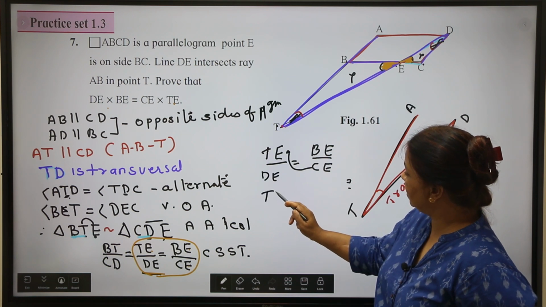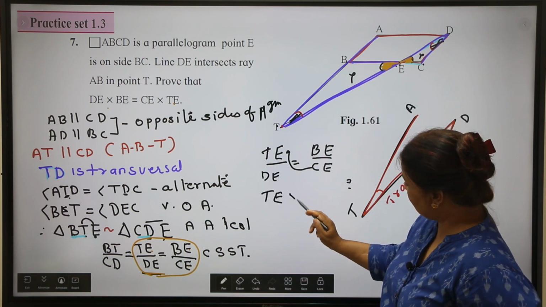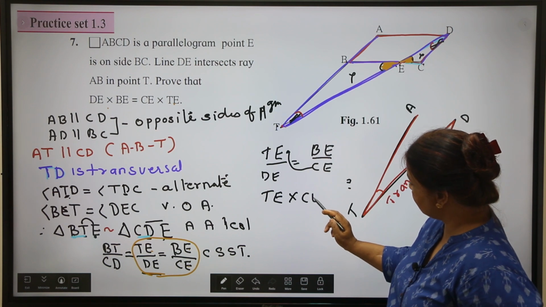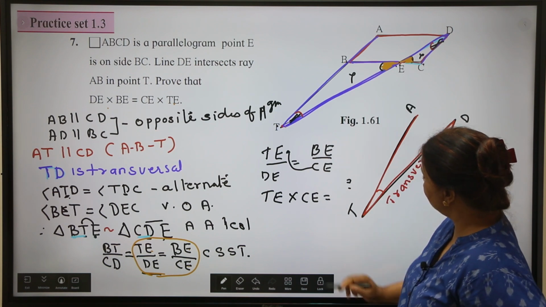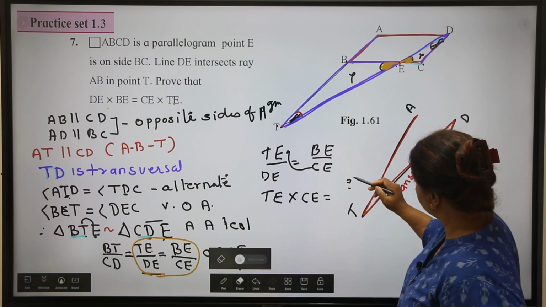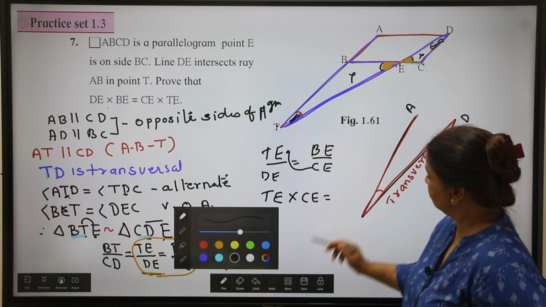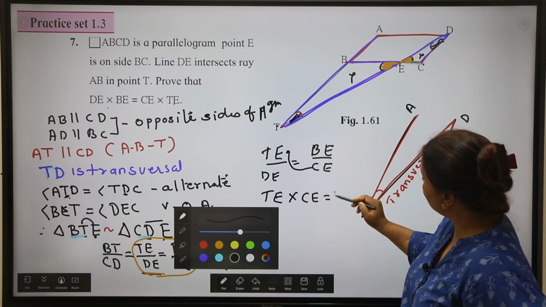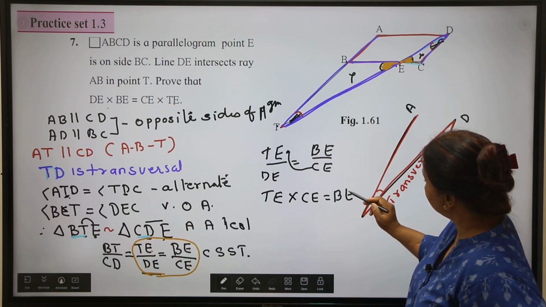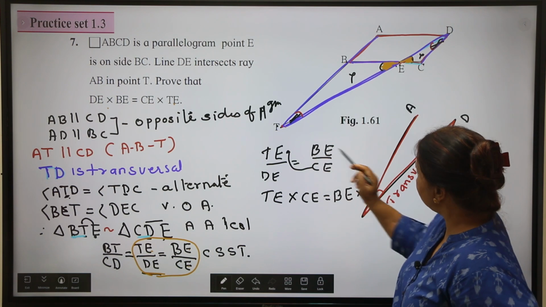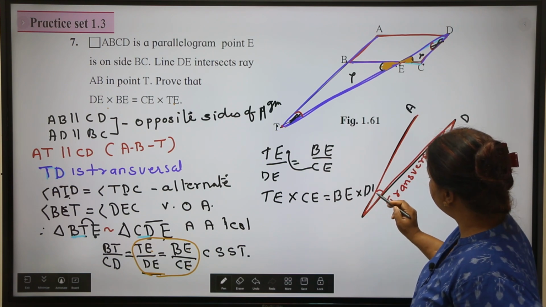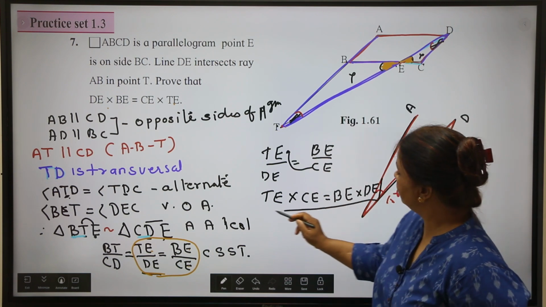So what you are getting, TE into CE is equal to BE, which is already there, and this DE will go up and get multiplied, and hence proved.